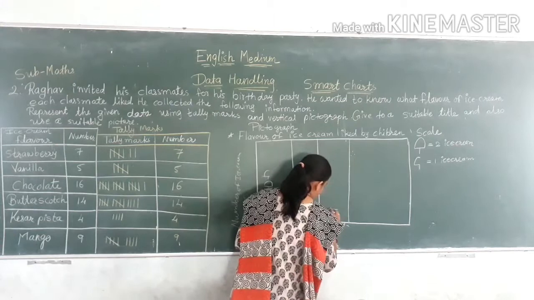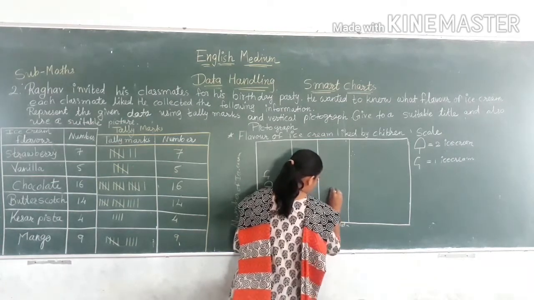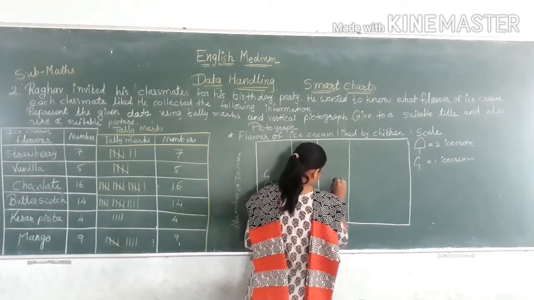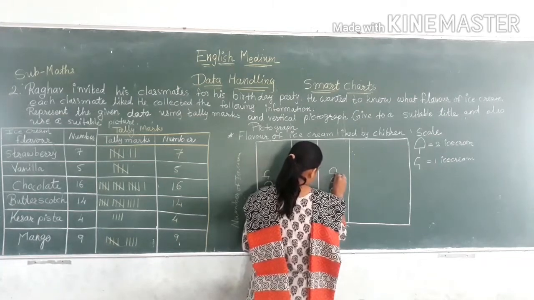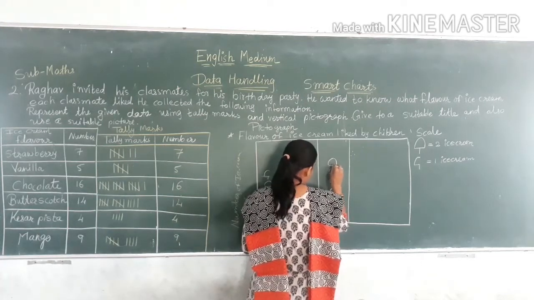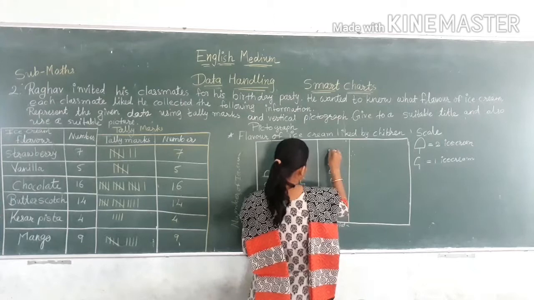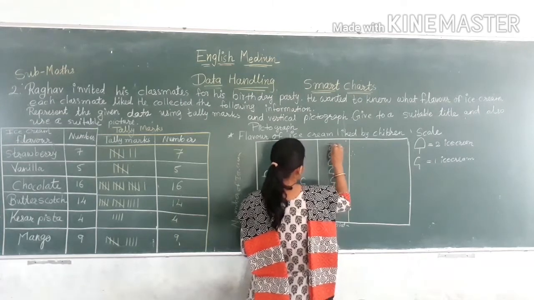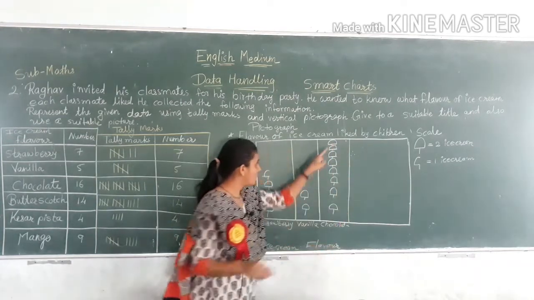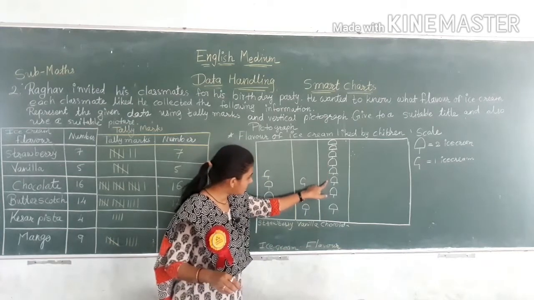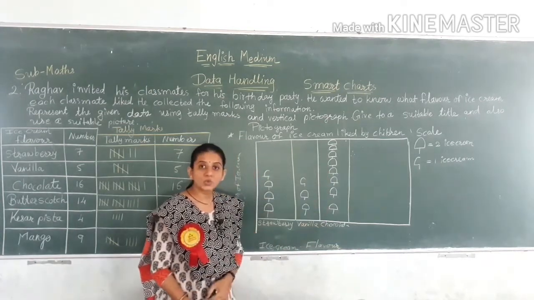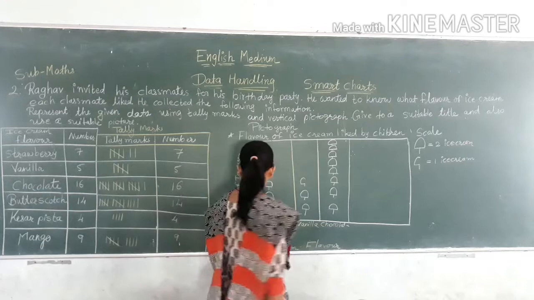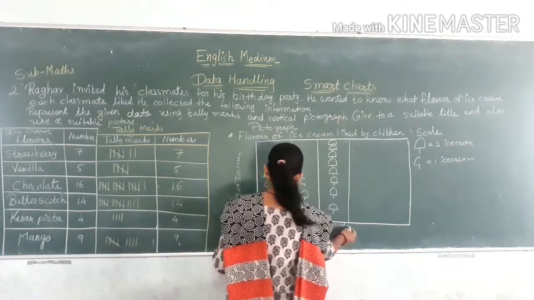So first 1, 2, 3, 4, 5, 6, 7 and 8 candy. 1, 2, 3, 4, 5, 6, 7, 8. 8 2s are 16. After chocolate, butterscotch.